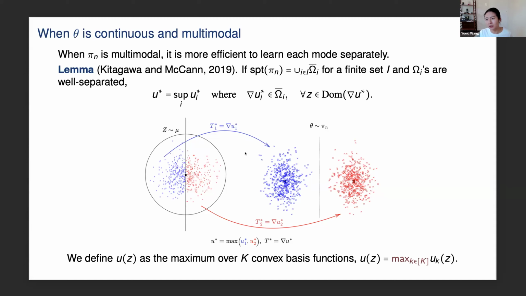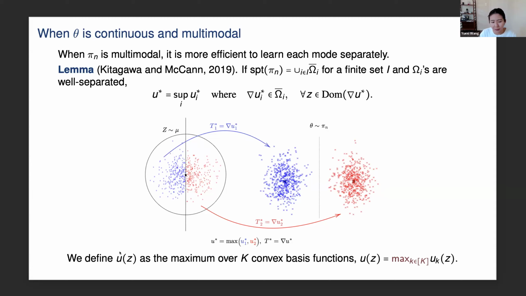So what the theory suggested is that it's more efficient to learn two maps, where T1 is trying to learn how to push blue to blue, and T2 is trying to learn how to push red to red. And in this case, the optimal transport map is the maximum of the two maps, the maximum of T1 and T2.